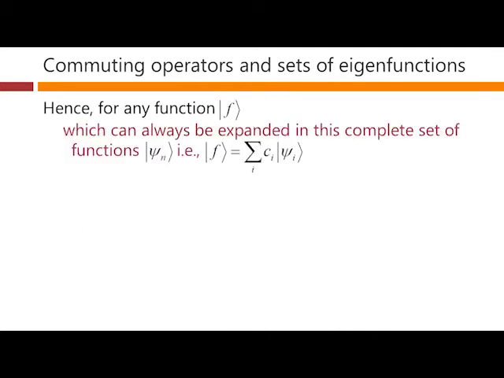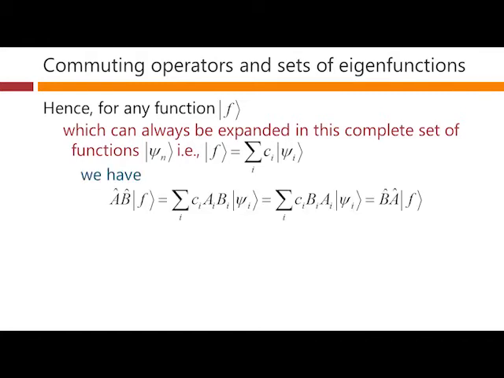Hence, for any function f, which we can expand in this complete set of eigenfunctions psi n, so here's our expansion with expansion coefficient ci. For that function, we have that A after B operating on f is the sum over all the ci's of A after B operating on psi I. So we know that's just ai times bi times psi I. And similarly, that's just the same thing as bi times ai times psi I everywhere in this sum, because numbers commute.